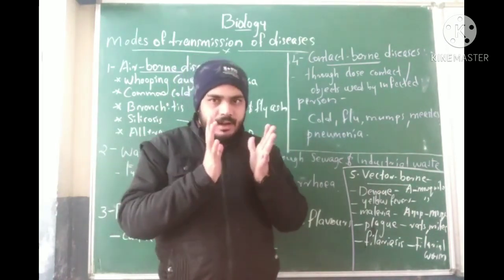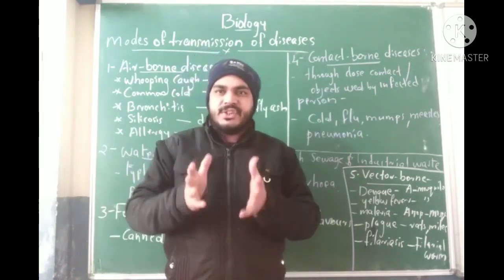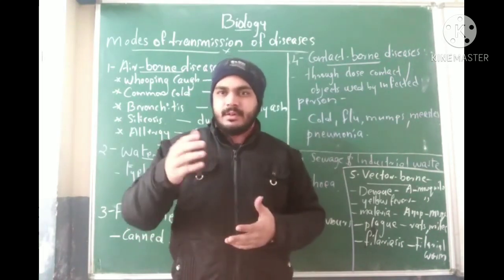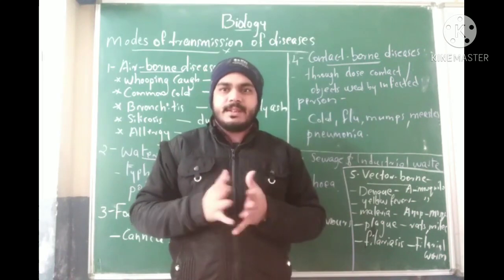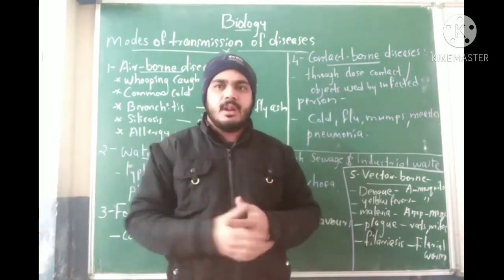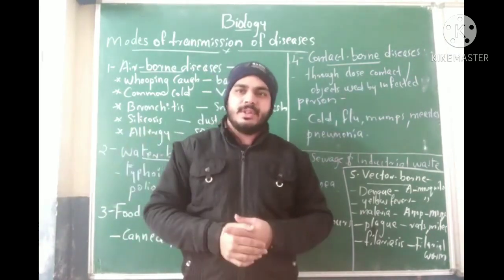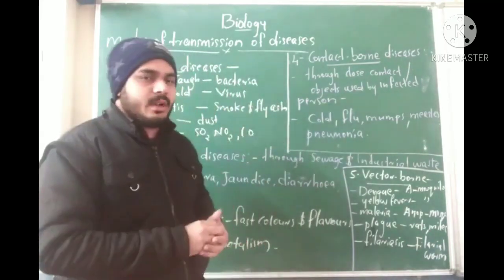Maybe the affected person, the patient, uses some things, such as dress, plates and other objects. This type of disease spreads through objects also, the objects used by the patient. It is passed through these objects also.